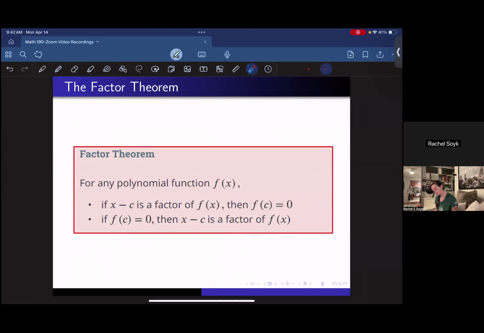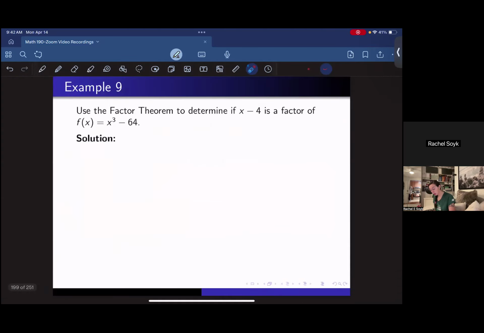Okay, so we want to use the factor theorem here to determine if x minus 4 is indeed a factor of this cubic function. So how do we do that? Well, x minus 4 tells us that our c value is equal to 4.